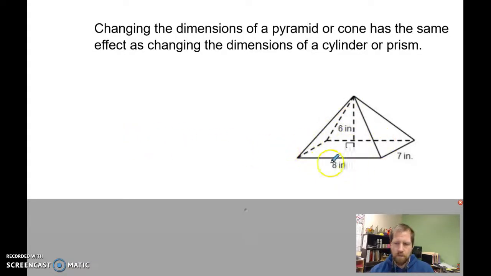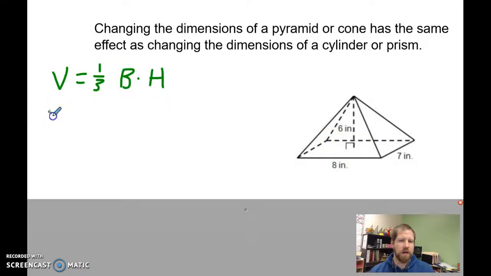So we'll do one of these real quick. We'll calculate our initial volume, which remember is 1/3 big base times big height.